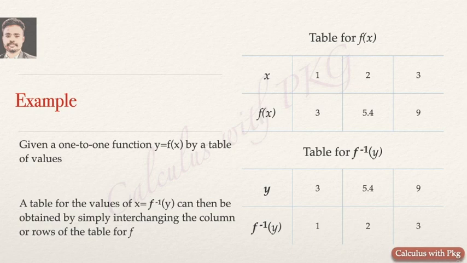So what is the domain of the function f of x? The domain of the function f of x is 1, 2 and 3. And what about the range of the function f of x? It will be 3, 5.4 and 9.